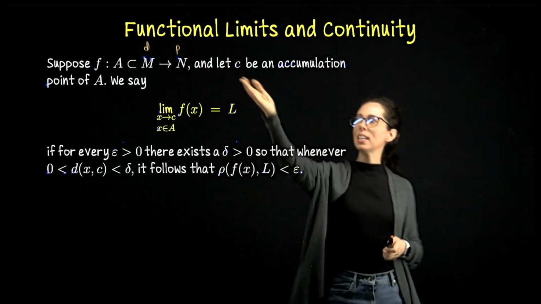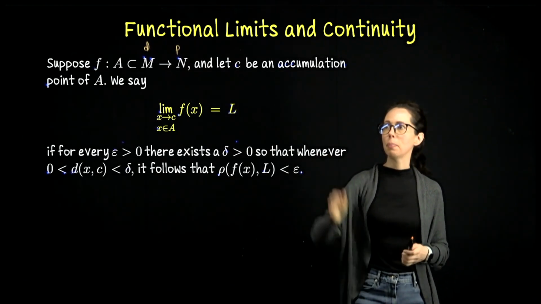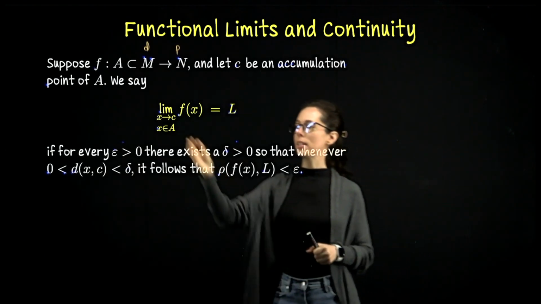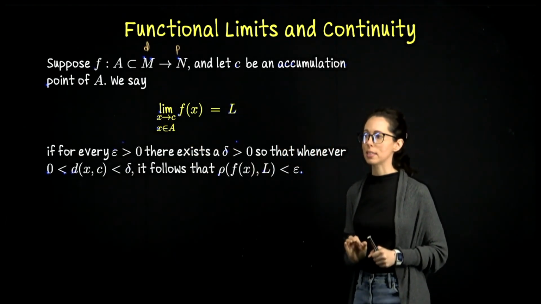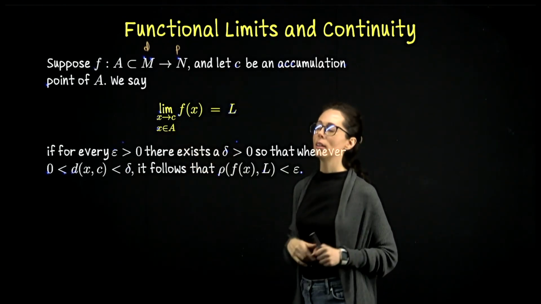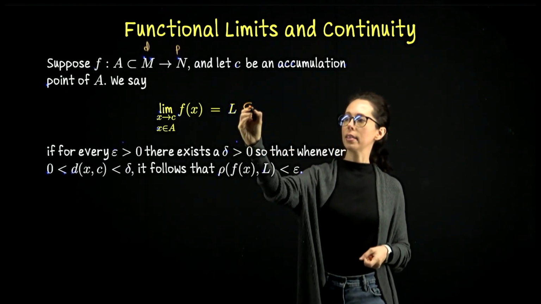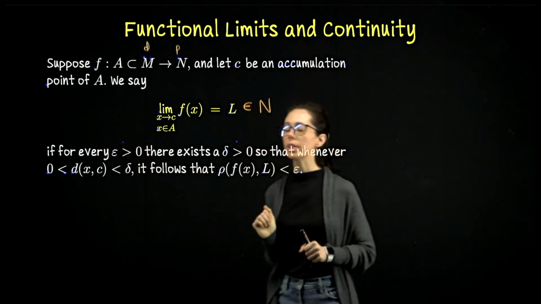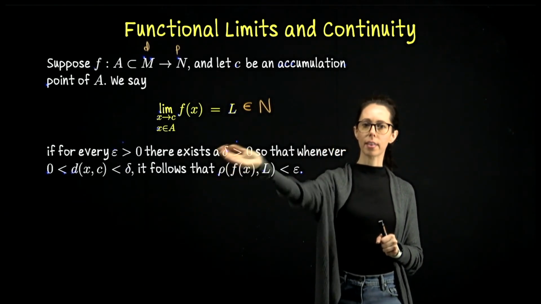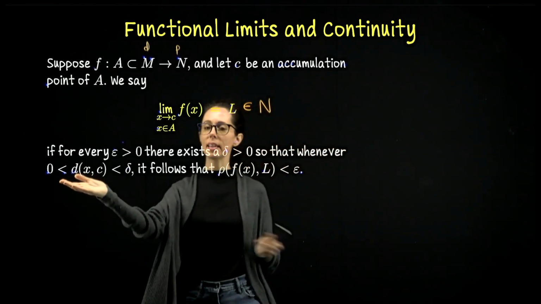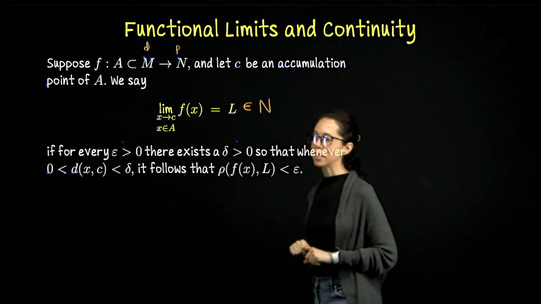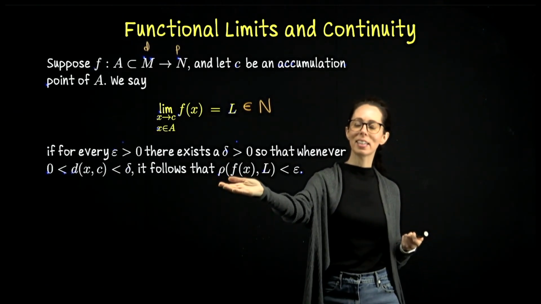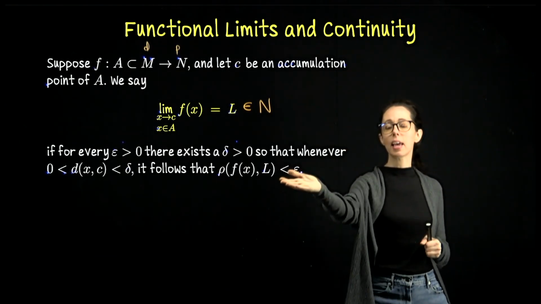Then let c in the metric space M be an accumulation point of the set A. We say that the limit as x approaches the accumulation point c, and also x is in the domain A, of f of x equals L, which is an element in the codomain N, if for every choice of epsilon greater than 0 that we make, there exists a delta greater than 0, so that whenever the distance in the original metric space M between x and c is between 0 and delta, it follows that the distance in the codomain metric space N between f of x and L is less than epsilon.